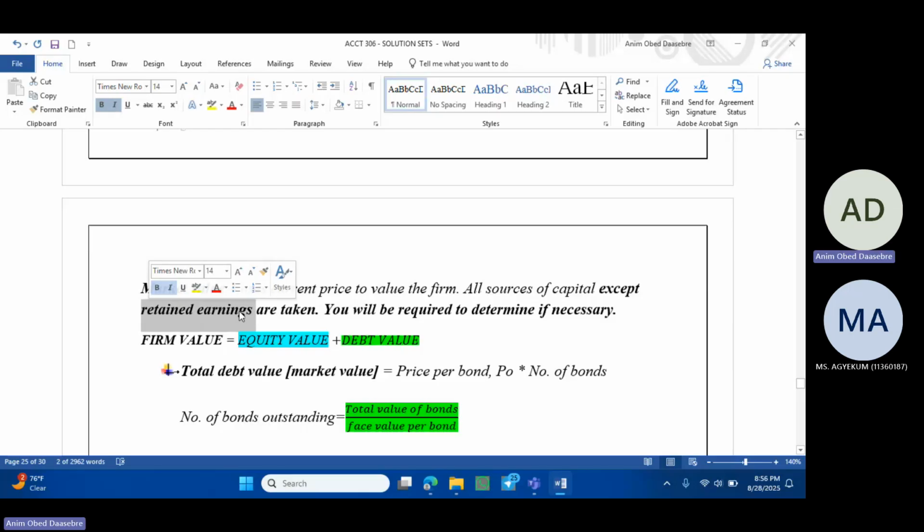It is profits that have been accumulated and not distributed to the shareholders, but reinvested in the business. So it is not current, it is old values. If you are talking about market value, current prices, then we cannot add the equity components of the sources of capital.